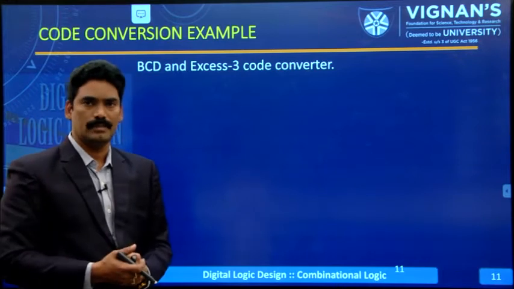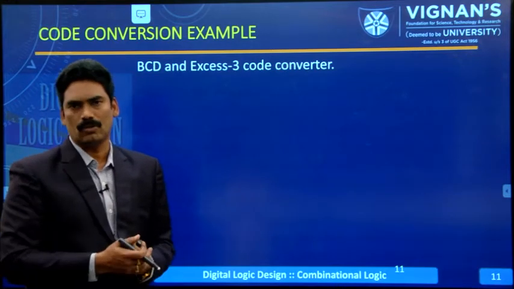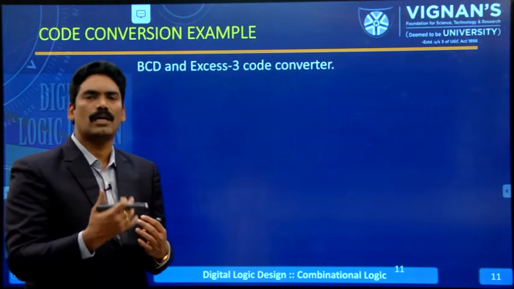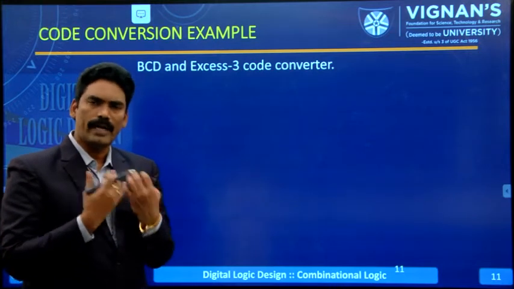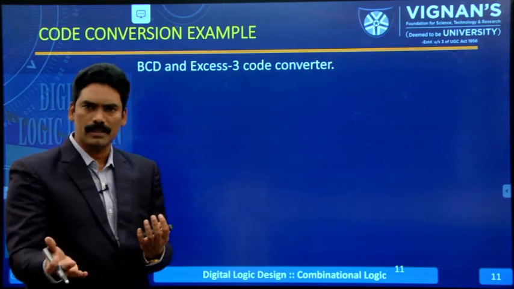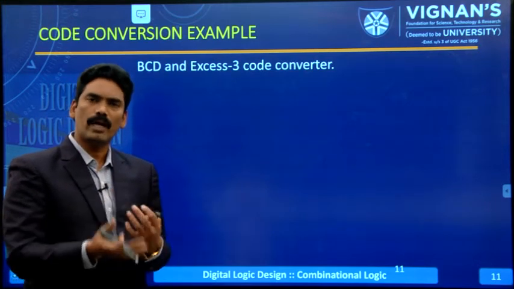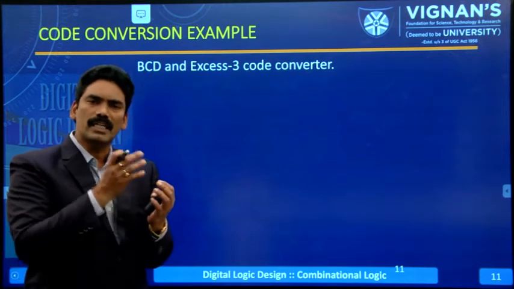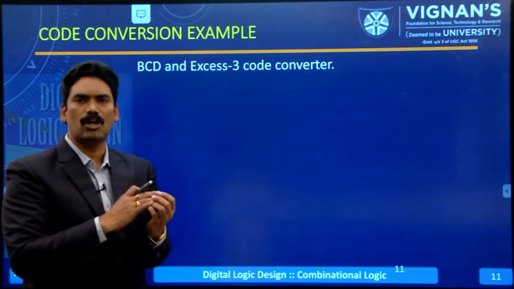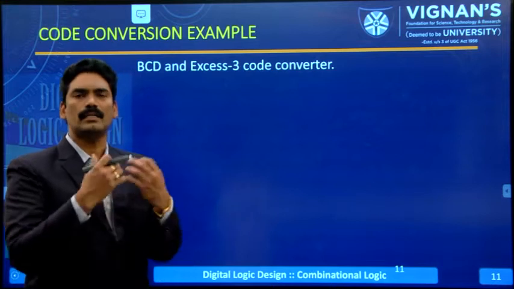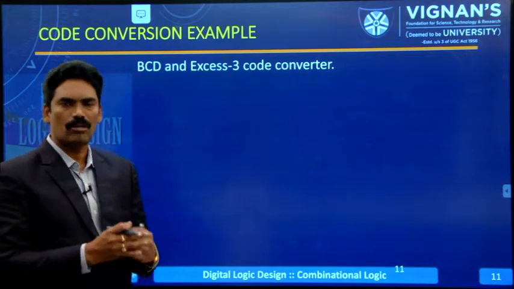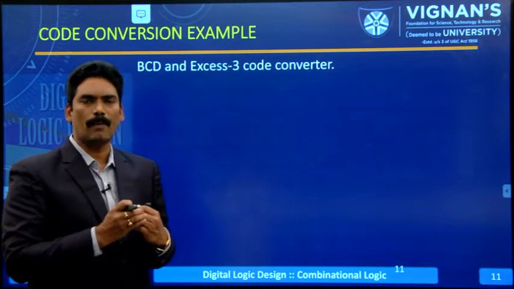We know BCD and we know the XS3 code. First, we identify the input variables and output variables, then find the relationship between them, then draw the truth table and then the logic diagram.